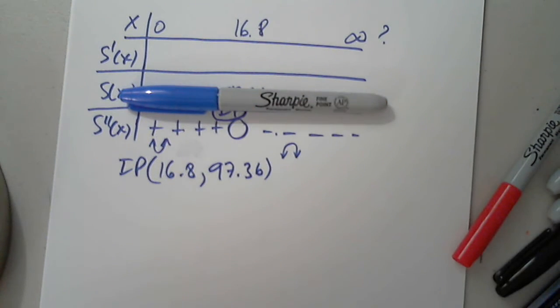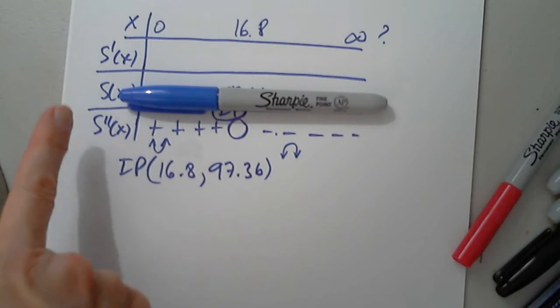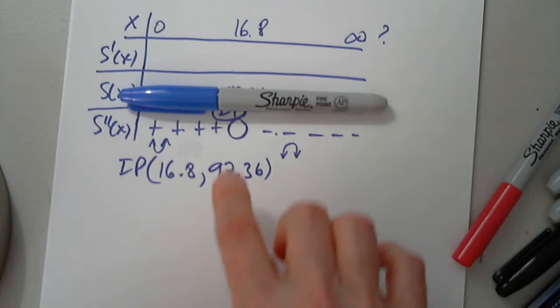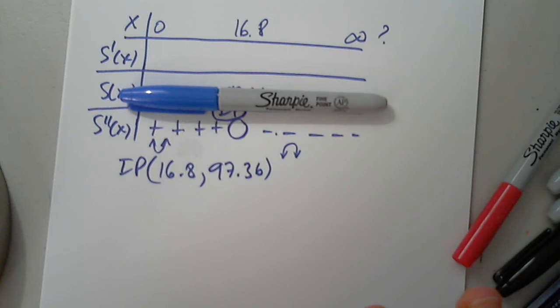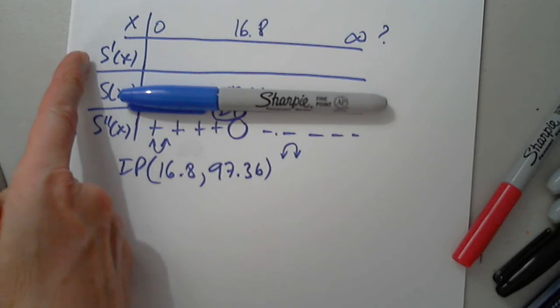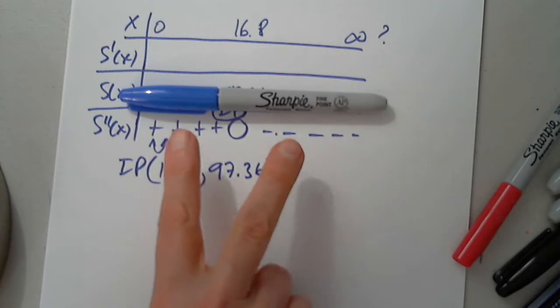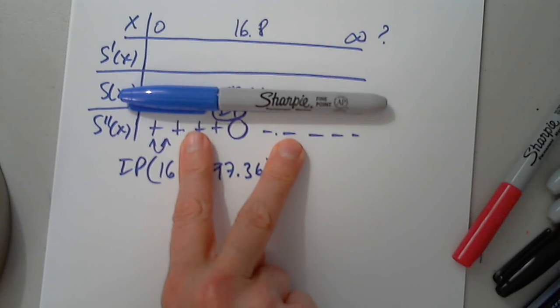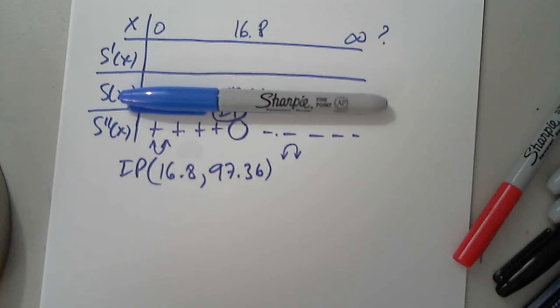16.8 comma 97.36 will represent for the first derivative. For the function, we know it's an inflection point. It's carved in stone. But what does the inflection point represent for the first derivative based on the sign change of positive to negative?